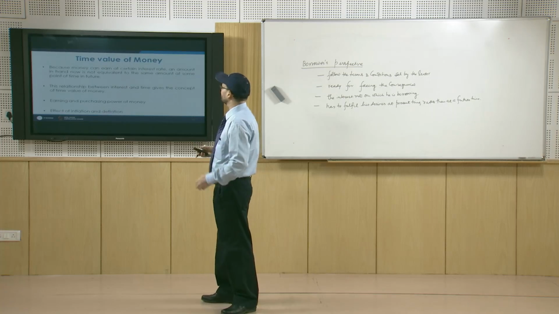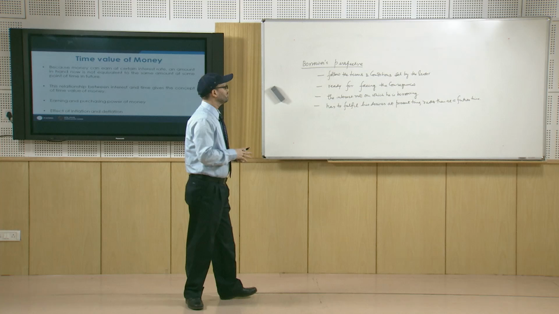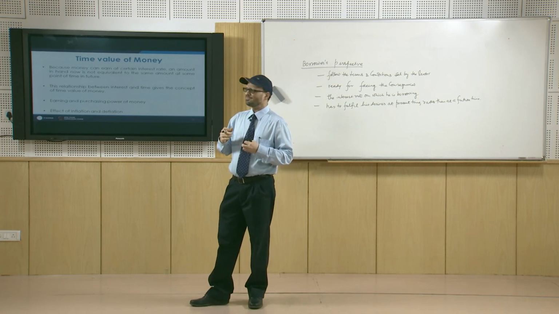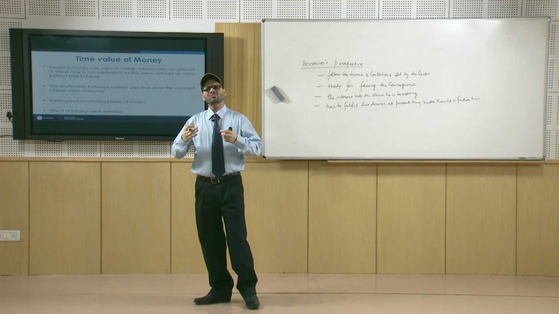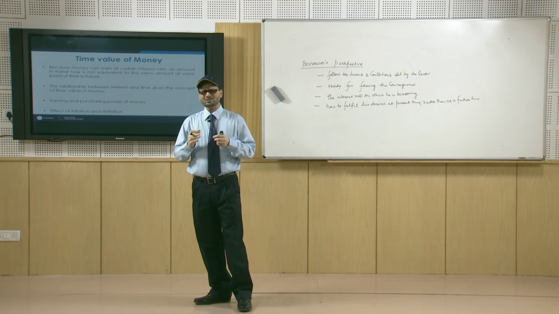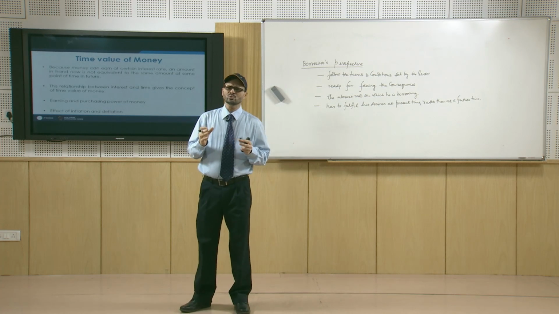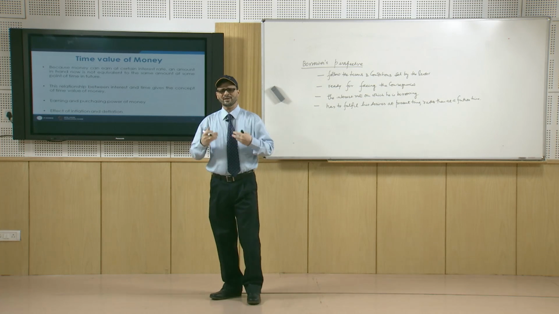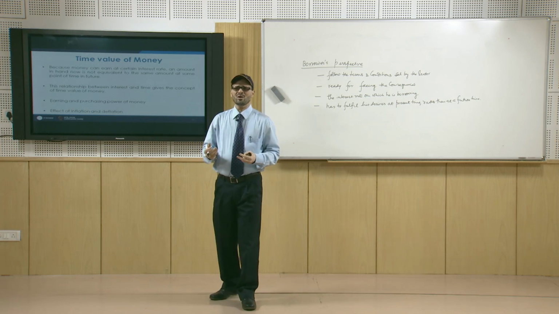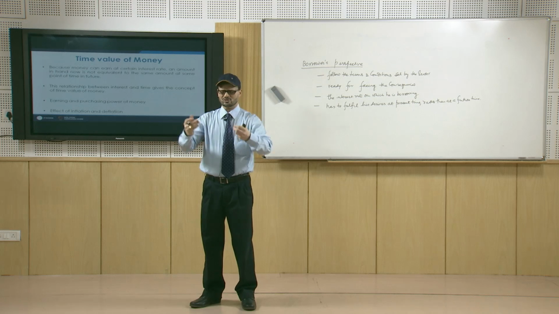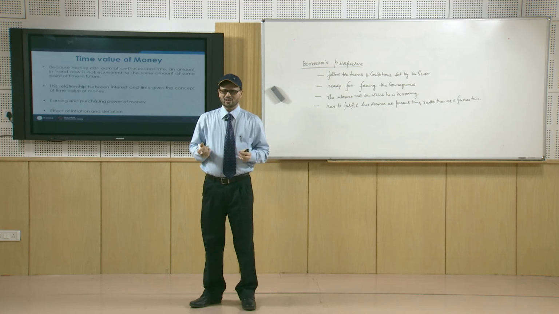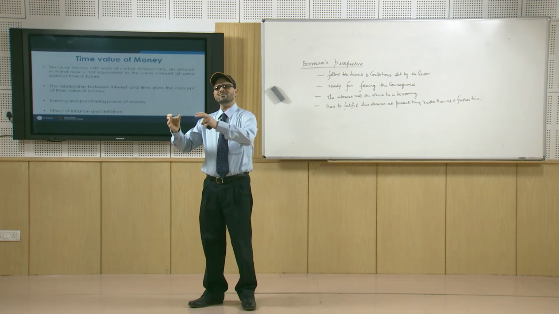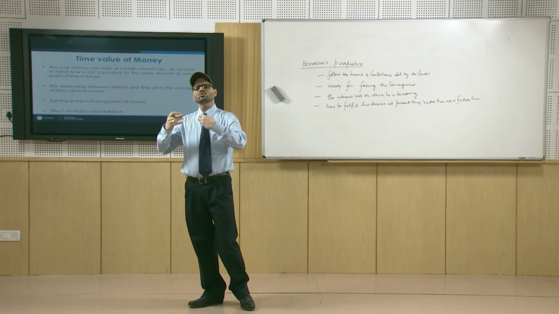Now, we will discuss time value of money. What is time value of money? Time value of money means value of money with time. As we know that money is used for satisfying our wants. If we have money, we can purchase something now and it will satisfy our wants. It has earning power. If we have money, it will earn us and it will give us something extra in course of time.